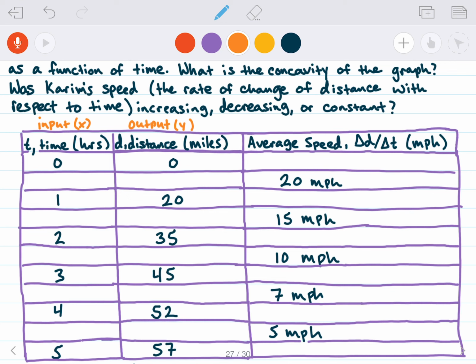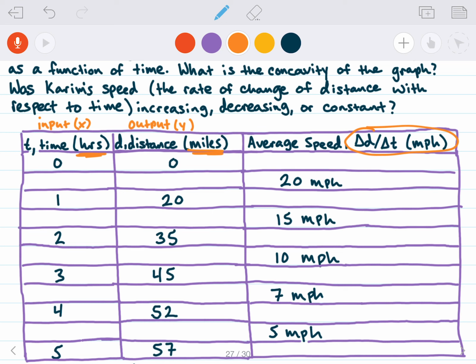So if we were to calculate the slope between any of these points, our units would be miles on top, for y, over hours. So our slope is in miles per hour, which should be familiar. That's speed.